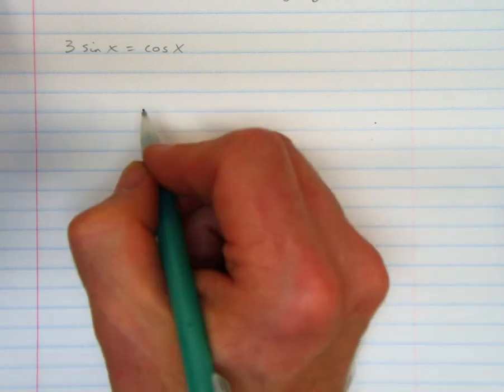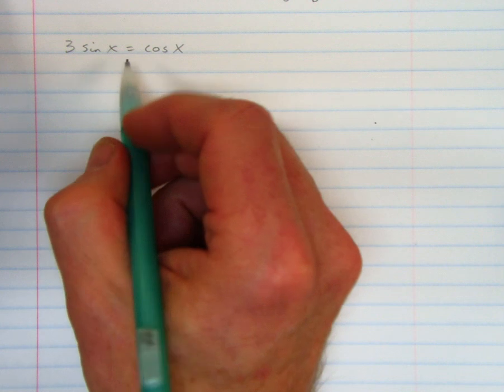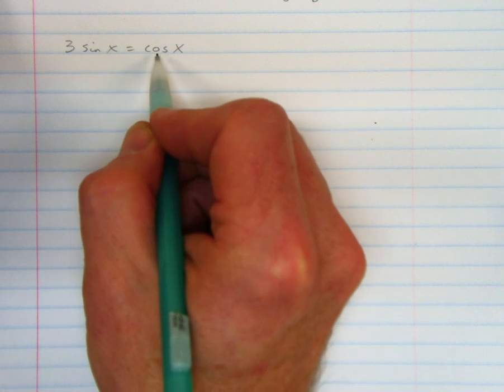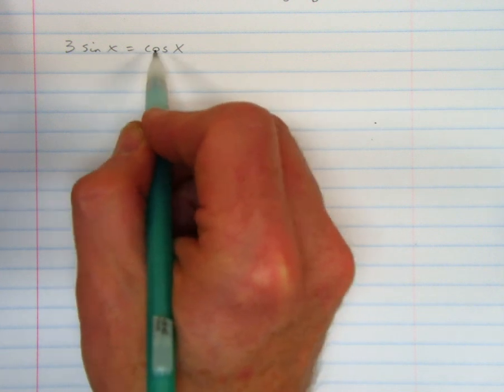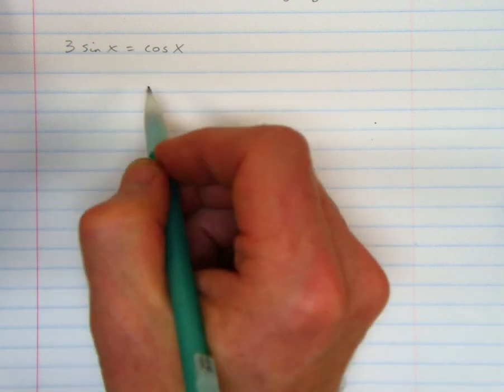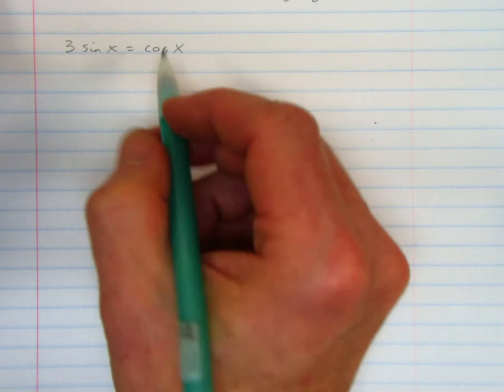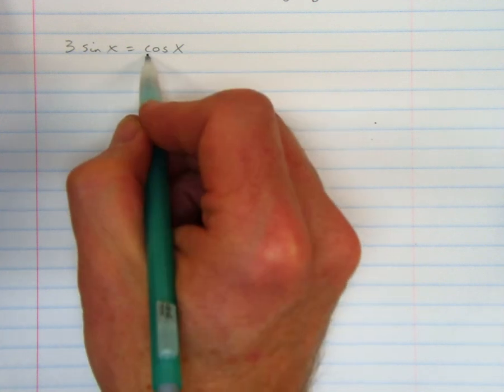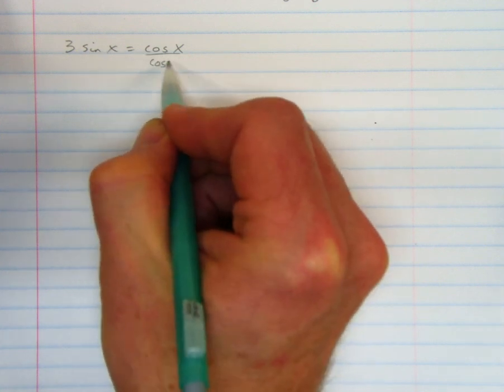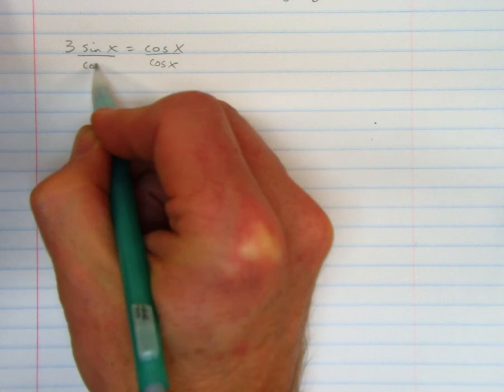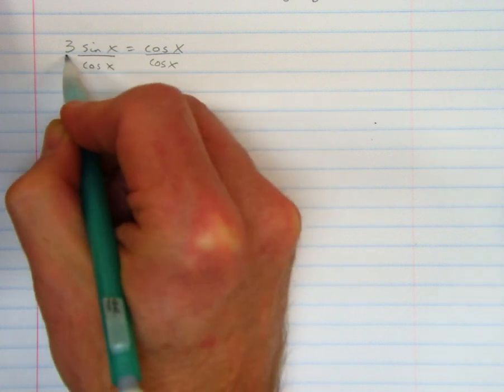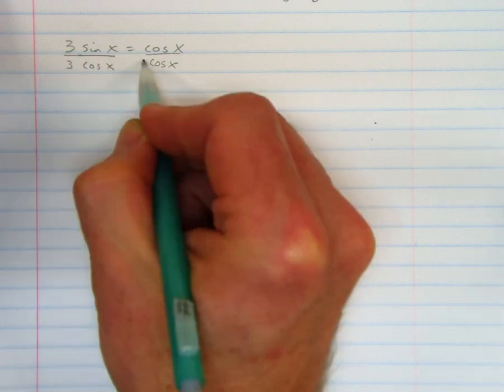The easiest one is to realize what would happen if I divide both sides by cosine. And while we're at it, we could just divide by the 3 as well, and you'll see why in just a second.